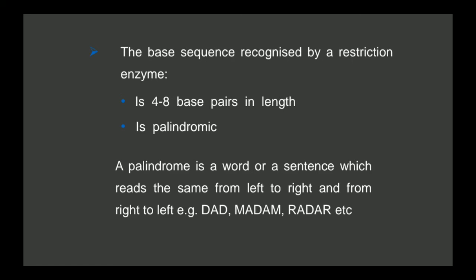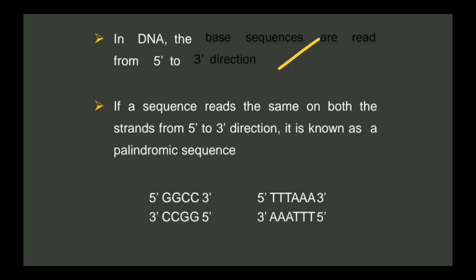Examples: dad, madam, radar, etc. So it is 4 to 8 base pairs in length and palindromic, meaning whether you read it this way or that way, it has the same sequence. What are the sequences? A, T, G, C, all those are sequences. In DNA, the base sequences are read in the 5' to 3' direction. If a sequence reads the same on both strands from 5' to 3', it is known as a palindromic sequence.